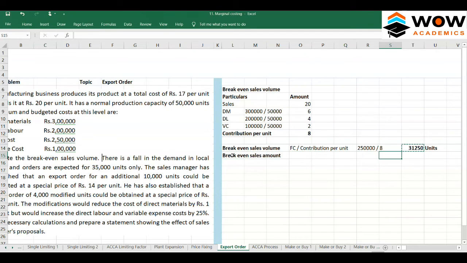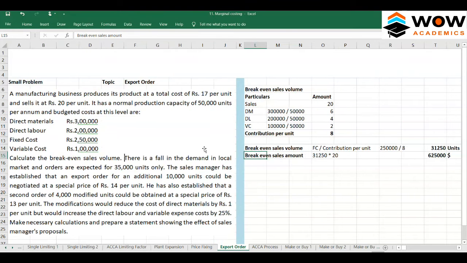You have the break-even sales units, multiply that by the selling price, and you will get the amount. So this is the break-even sales in amount. So done. We have finished both in units as well as in amount. So let's get to the question thereafter.